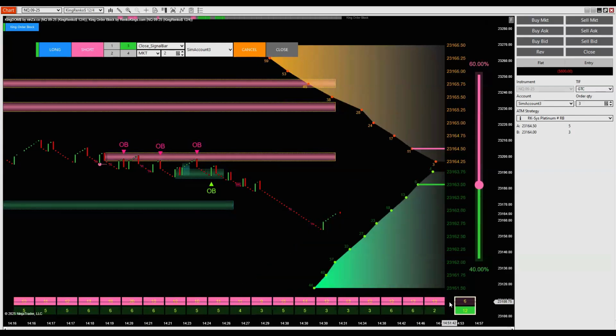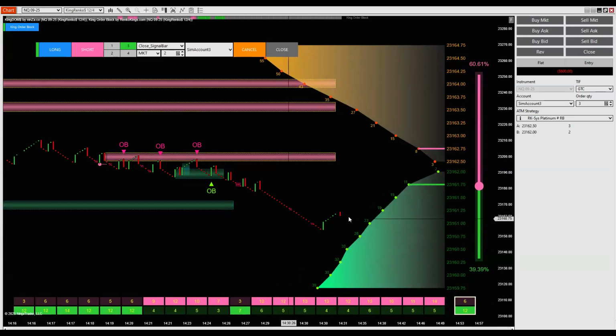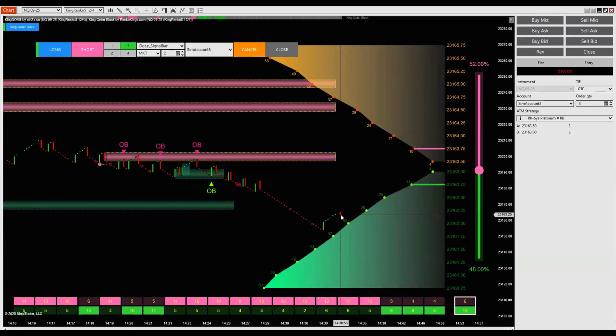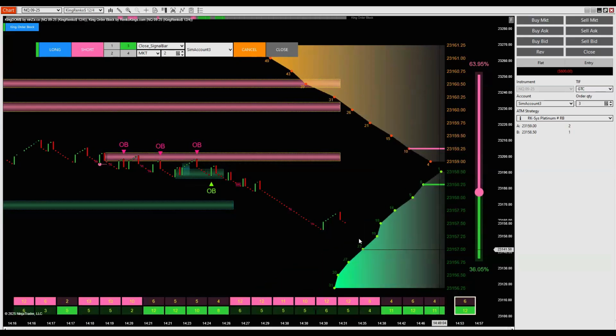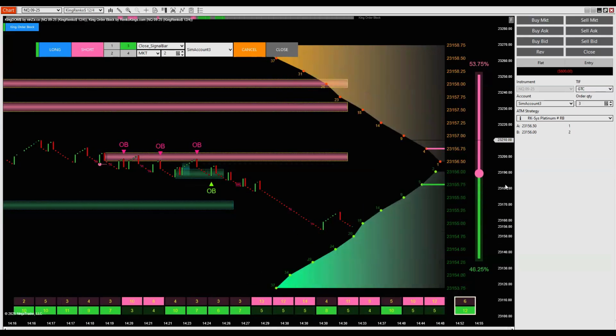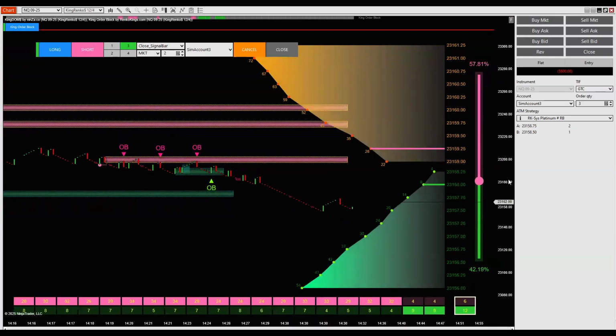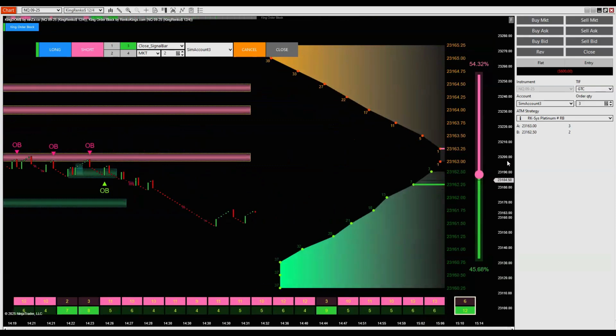Let's see what they're going to do with it. I don't think at this point Kingdom is going to take a trade because there's no zone here anymore. Is there anything below? There's nothing below. So it has to create one. It's going to create one eventually.